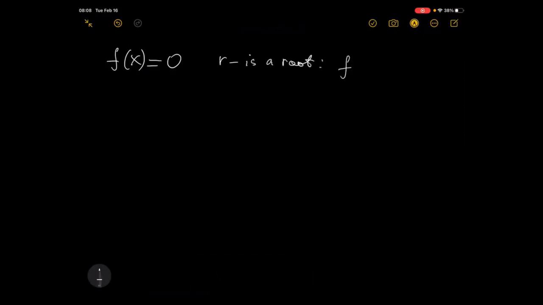What it means is that if I substitute it here, it exactly gives me 0. Okay, now let us suppose that we are trying to find the root.